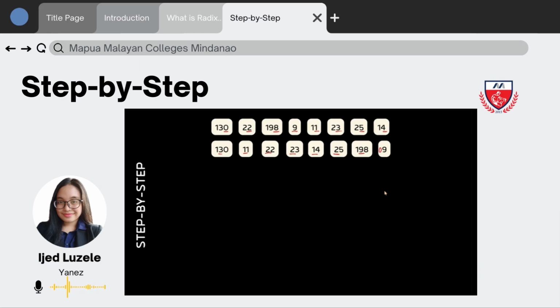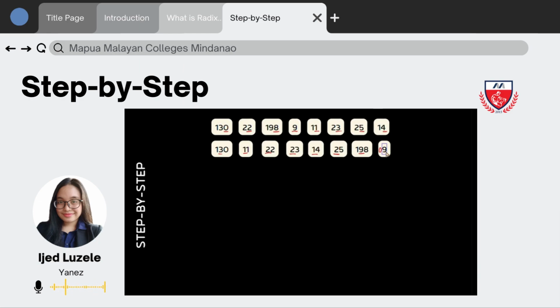Since the number 9 doesn't have a digit in the tens place, remember that in the case of 2 or more numbers having the same digit, such as the 1s and the 2s, sort the first number that appears in the array from the left.